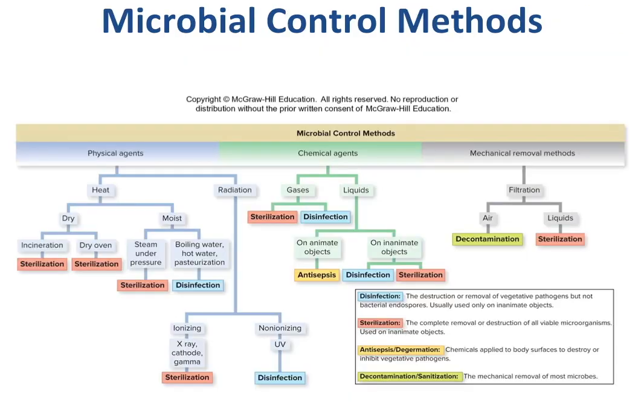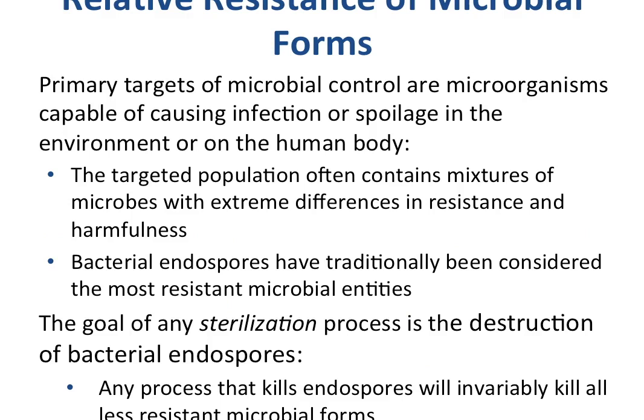So we can see here, this diagram shows that we can use either physical agents or chemical agents to perform all these methods. Actually, the bacteria, the microorganisms, have the capacity to be resistant to all these methods.